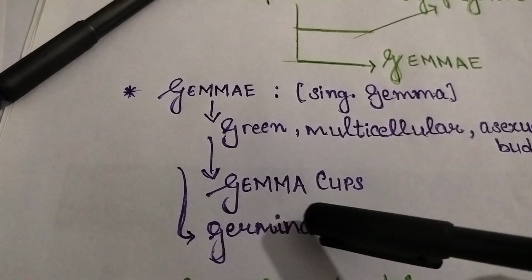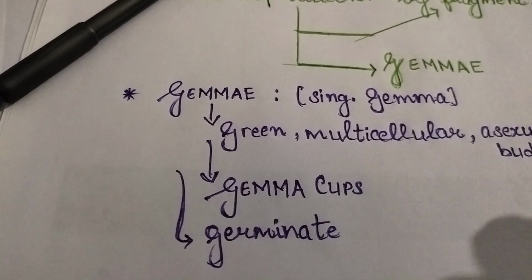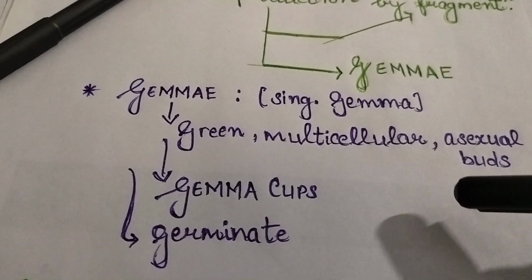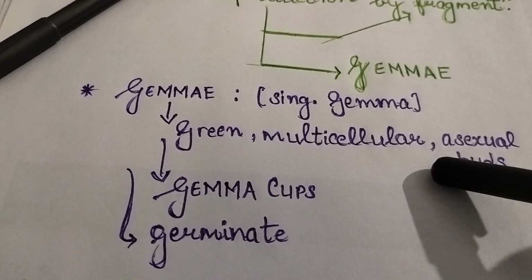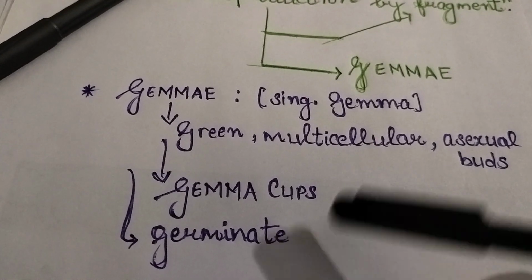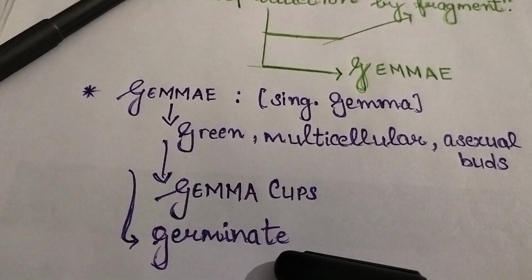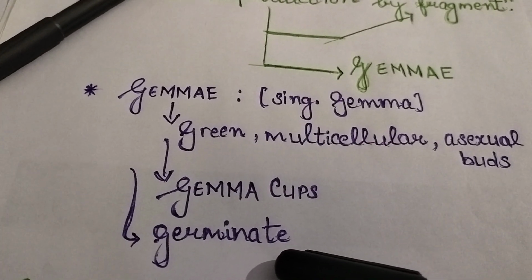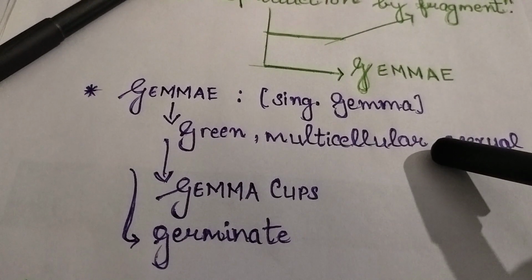Okay, in the thallus a gemma cup is there. Inside the gemma cup, gemmae or asexual buds are produced, and when the gemma is detached from the parent thallus, it germinates to form a new individual, a new thallus. So this is important here.